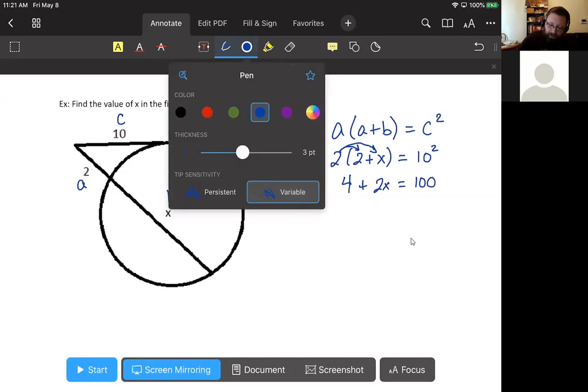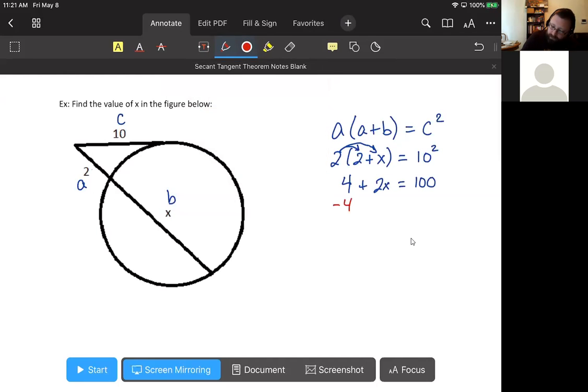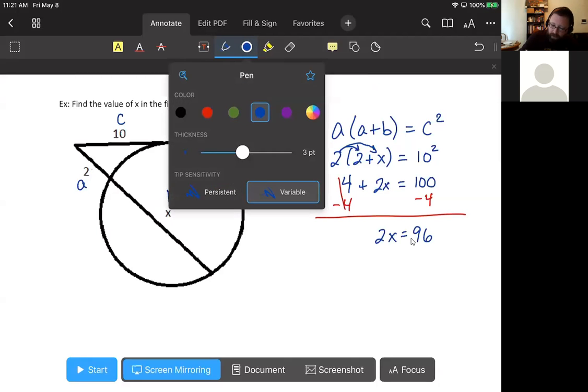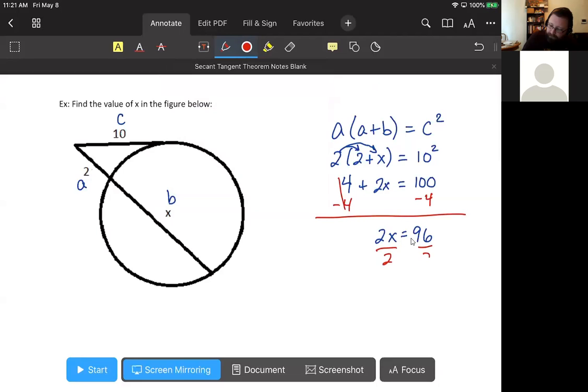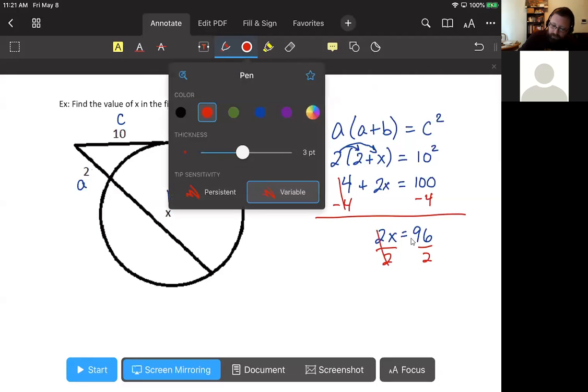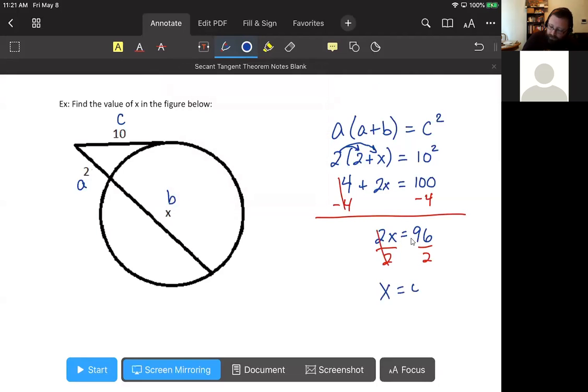That is a 2-step equation, which requires us to subtract 4 from each side, giving us that 2x equals 96, and then divide by 2, which gives us our answer, x equals 48.